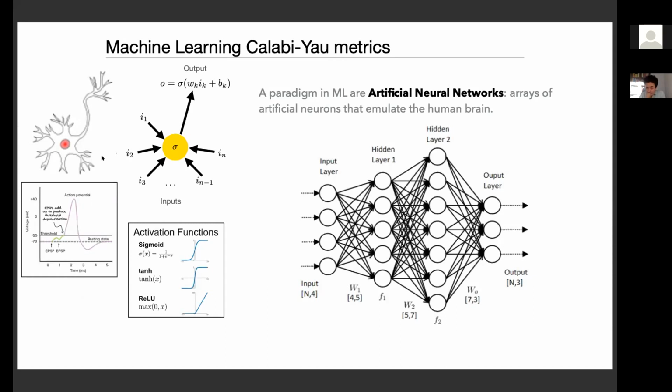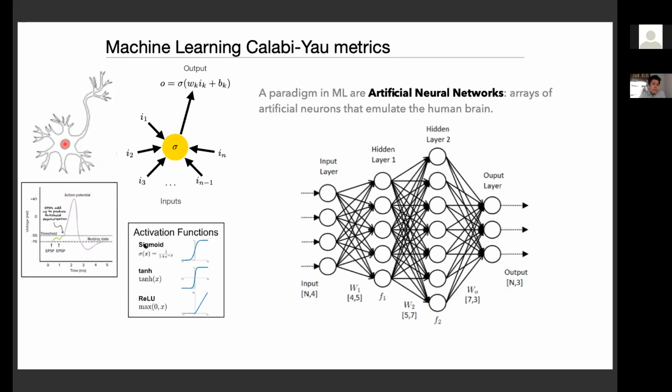Here you have a real neuron. It receives some stimulus, and then depending on the decision it makes, it decides to fire or not. Here, the artificial neuron takes some inputs, I1 to IN, and weighting those inputs and adding a bias, it gives a certain response as an output.